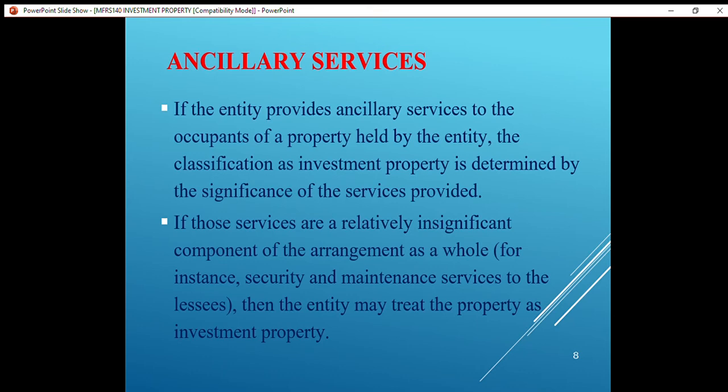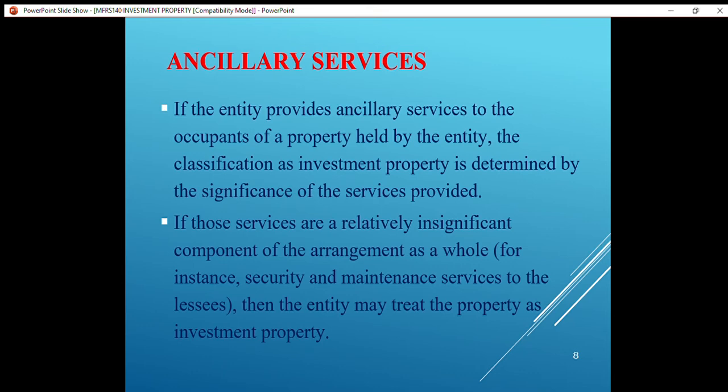For example, when an entity or owner of the property operates a hotel, the hotel building cannot be classified as an IP since it provides significant services to the occupants.